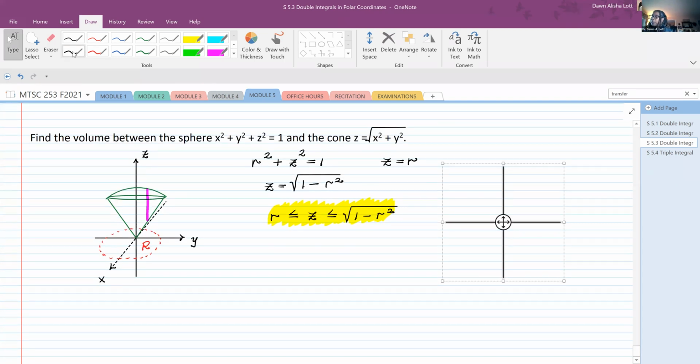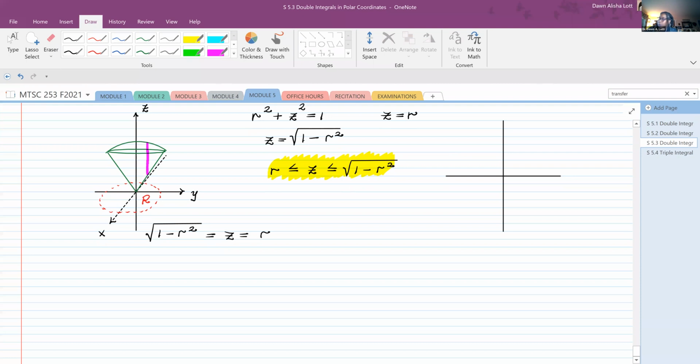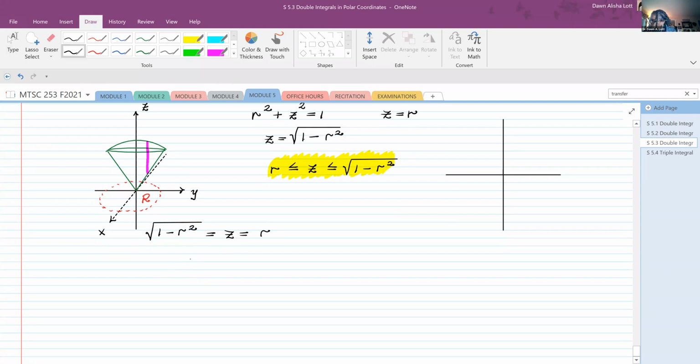Okay, that's good. So therefore we get z equal to r equal to the square root of 1 minus r squared. So set them equal to each other. The square root of 1 minus r squared is equal to r.